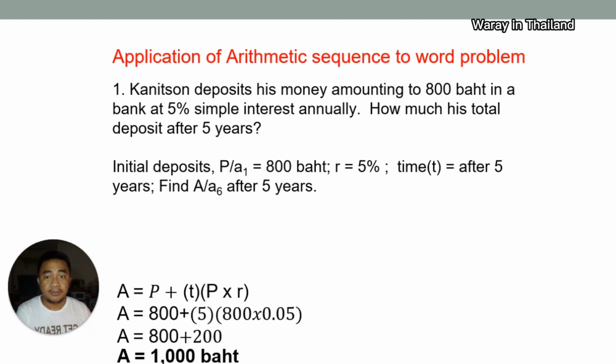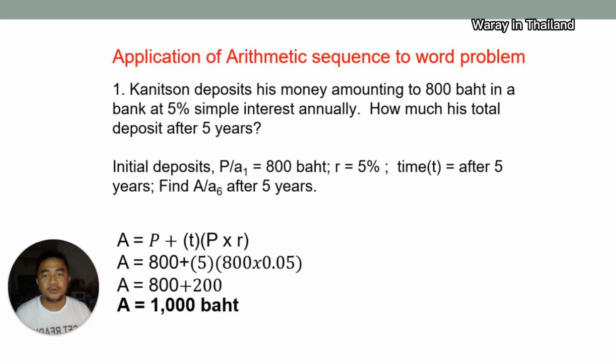So we have the formula again, and I have shown the answer already. A is equal to the principal plus the time times the principal times the rate. Here they substituted the values: the principal is 800, the time is 5 years, the principal amount is 800, and the rate is 5%, or 0.05.